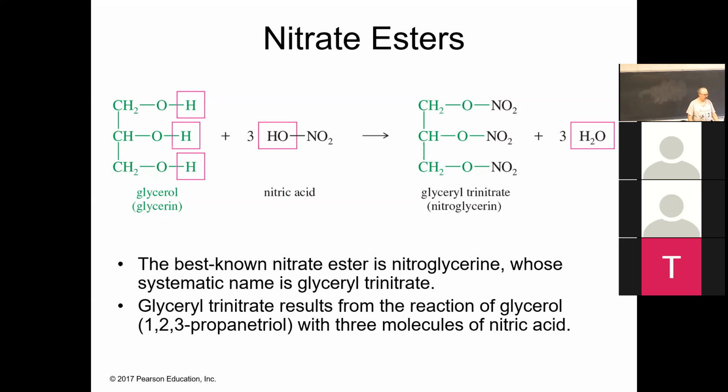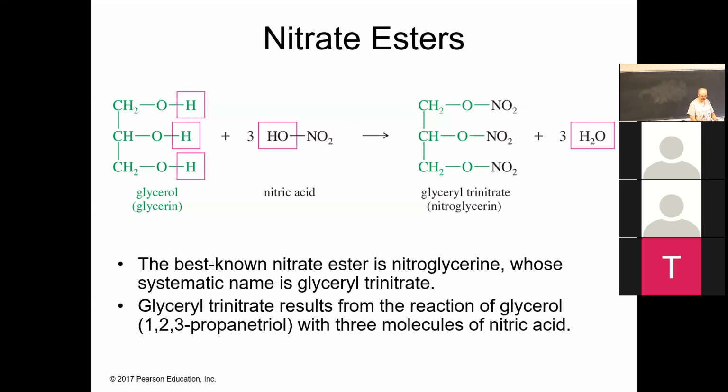And while he was having a heart attack, he refused to take nitroglycerin. He couldn't believe that something so explosive could have a therapeutic value, and as a result, he did die of the heart attack.